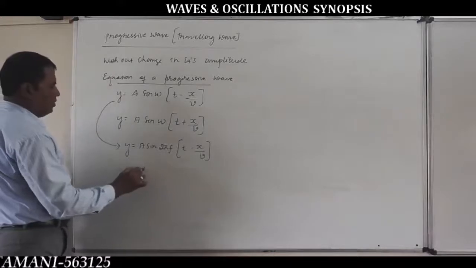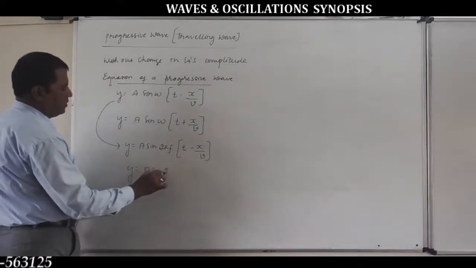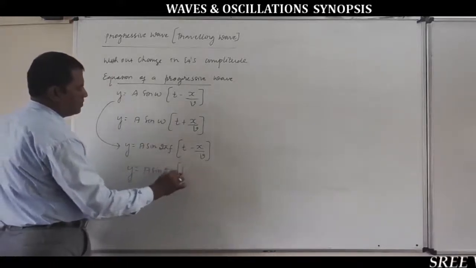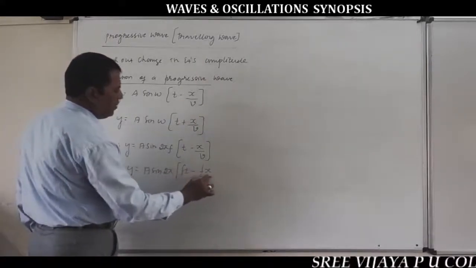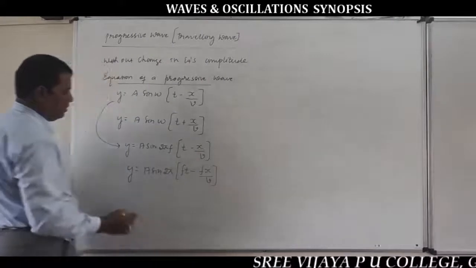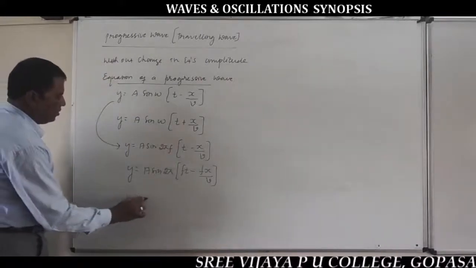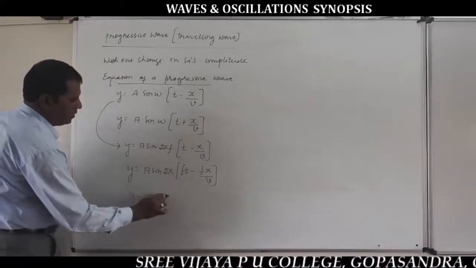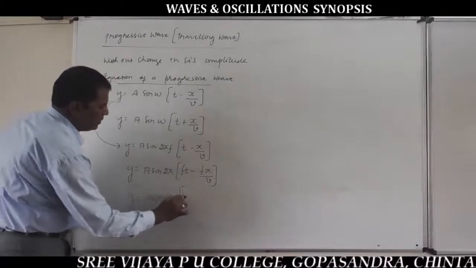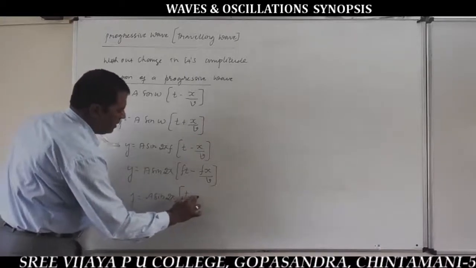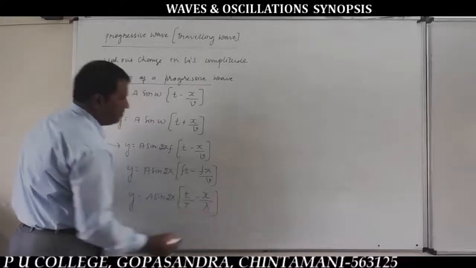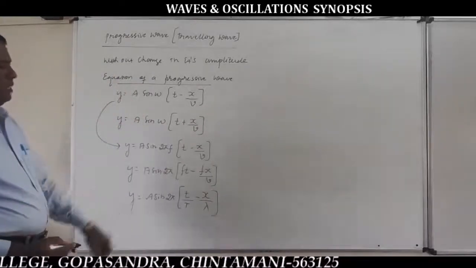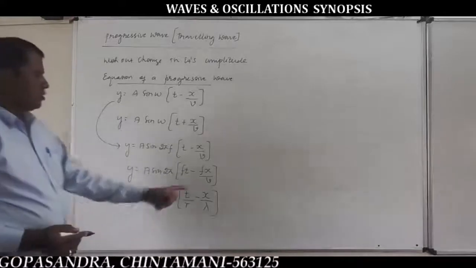Y is equal to a sin 2 pi f into t minus f into x by v. Y is equal to a sin 2 pi t by capital T minus x by lambda. So here f by v is taken as 1 over lambda.